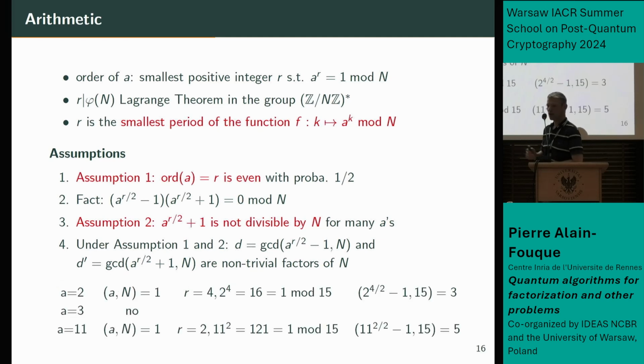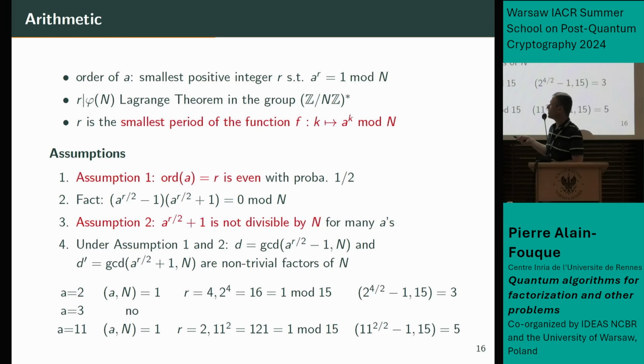Okay, so let me show you some examples. For instance, I took n equal to 15. If I choose a equal to 2, first of all, I check if a is co-prime with n. So this is another notation for the GCD.